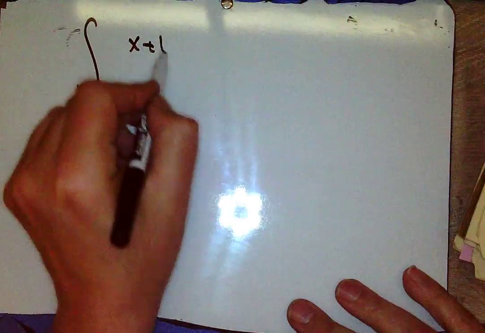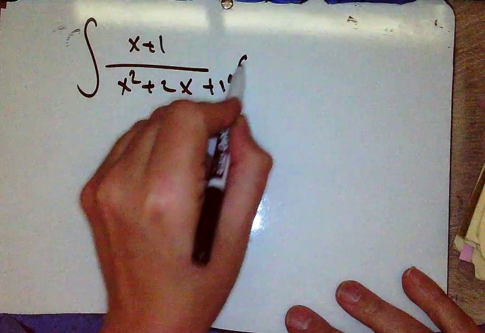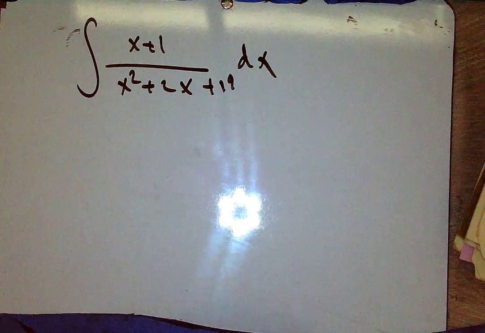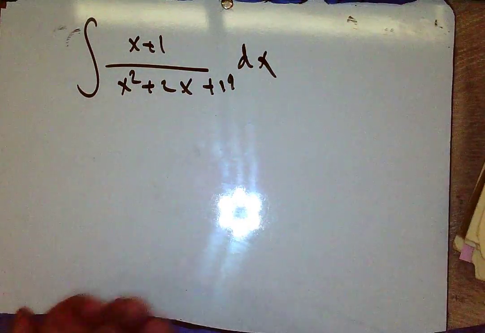What's it looking like? Integral x plus 1 over x squared plus 2x plus 19 dx. So, what can we say here? What do we know here?